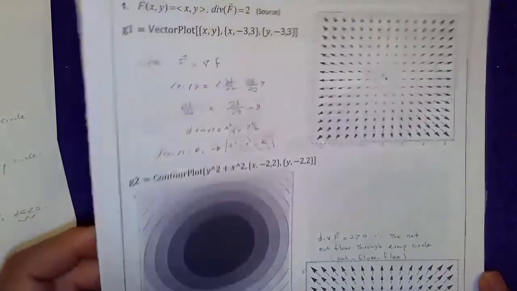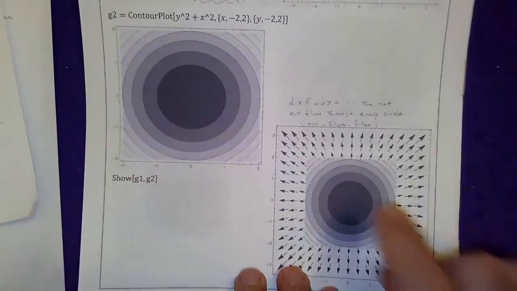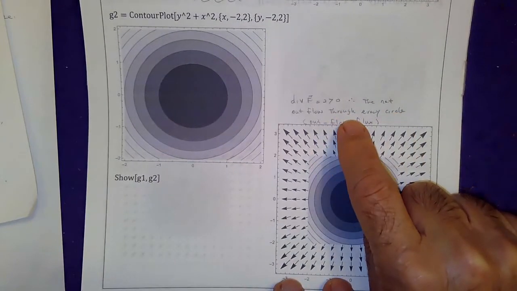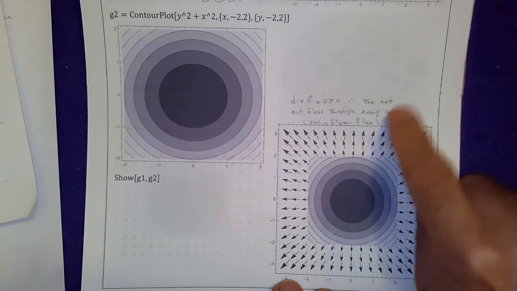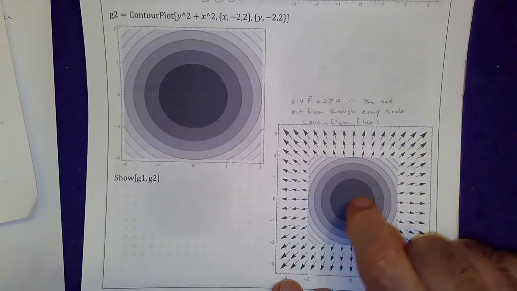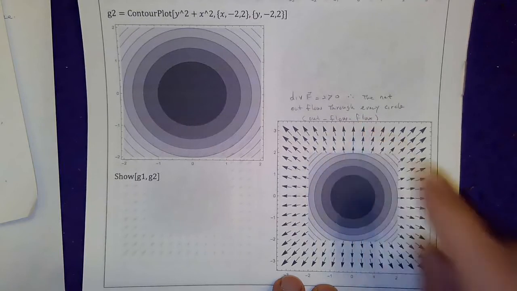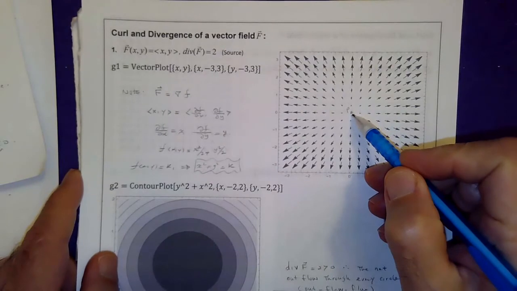But if you notice, if the divergence of the vector field is positive, then the net outflow through every circle is shown in this diagram. So we have outflow flux. So therefore, this point here is called a source.